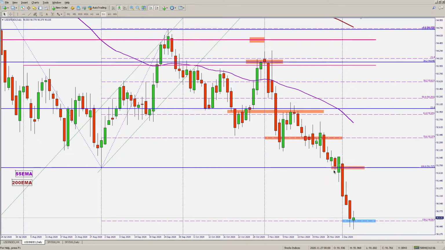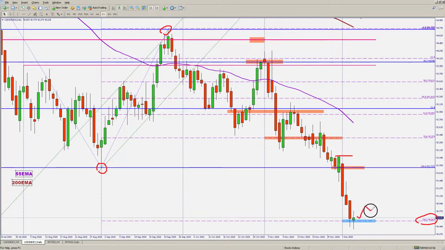And after attempting to climb out and recover on the Monday, it gapped down and fell for the next 3 days until Friday, and managed to find support at about 138 Fib extension of this reversal move from this swing low to this swing high, and close as a spinning top on Friday.